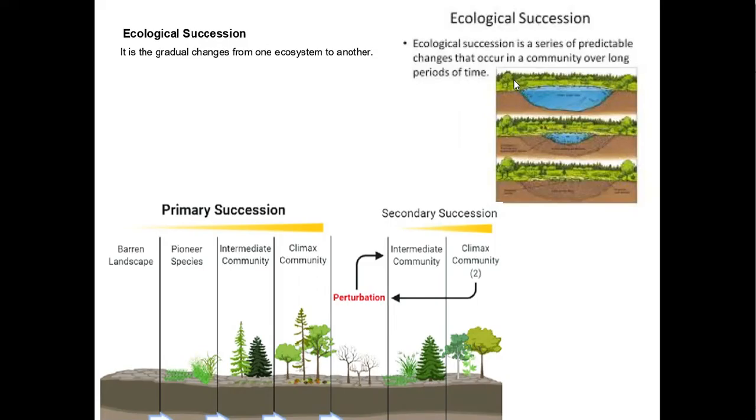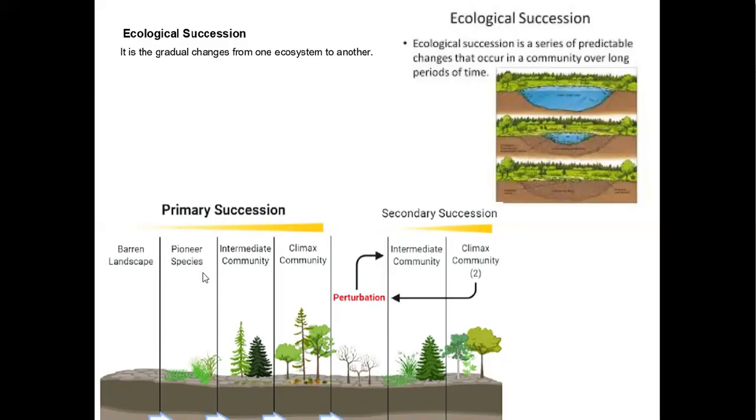As you can see here, one ecosystem, that is pond ecosystem, is converted into a forest ecosystem. It is not a sudden change, it is a gradual change. So this type of change is known as ecological succession. Ecological succession is a series of predictable changes that occurs in a community over a long period of time. And you can see here, one barren landscape is there.